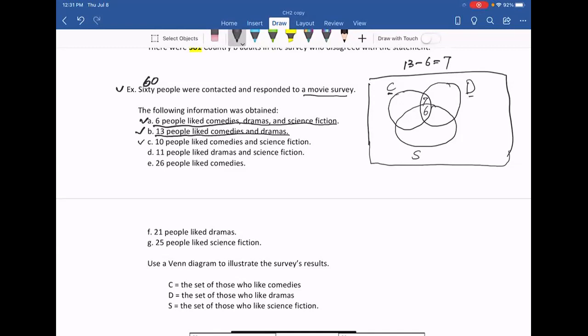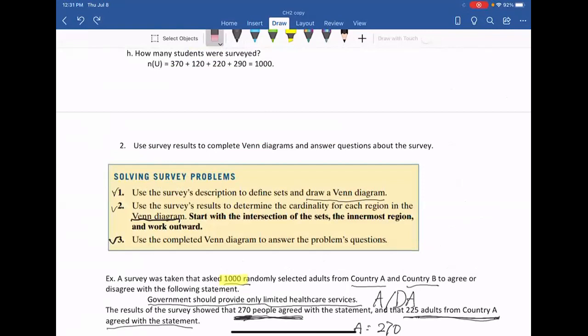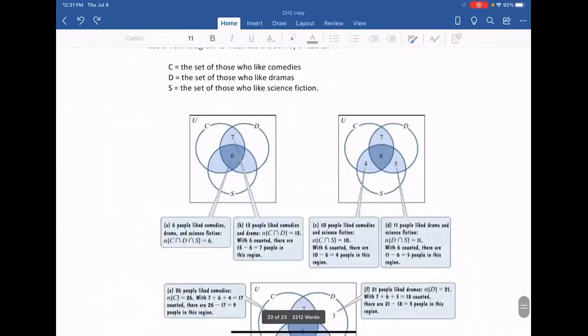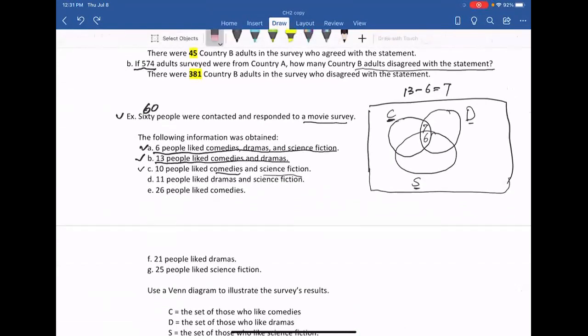And let's read number C. 10 people like the comedy and the science fiction. Comedy and science fiction, that means this region is 10. The middle part is 6. So how about the other part?